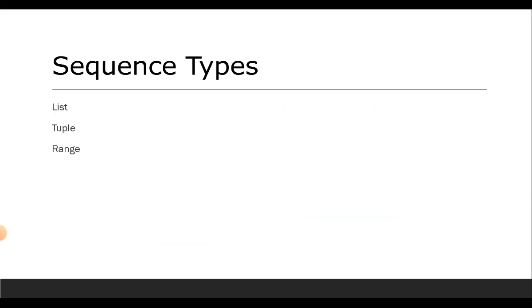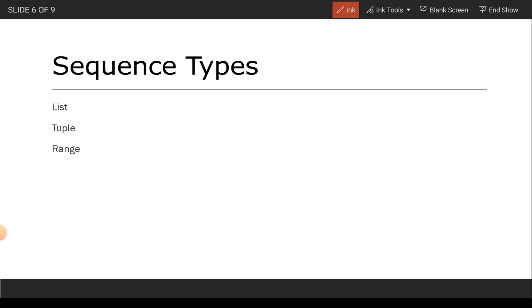Sequence data type. What do you mean by sequence data type? Sequence data types are something which are stored in the form of a sequence, like list, tuple or range. Like first, second, third, fourth, something like this. What does list do? List stores the data in continuous memory locations.